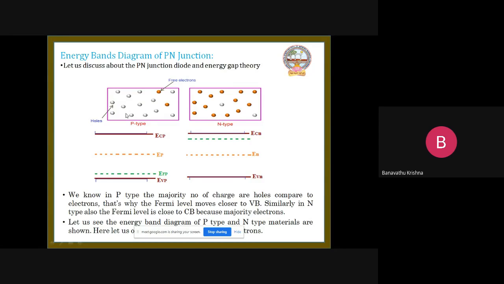In p-type semiconductor material, the majority charge particles are holes and minority charge particles are electrons. Coming to n-type semiconductor material, the majority are electrons and minority are holes.